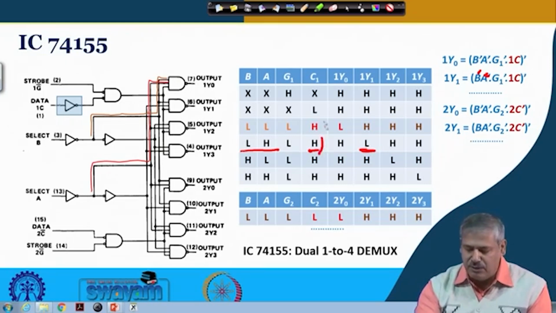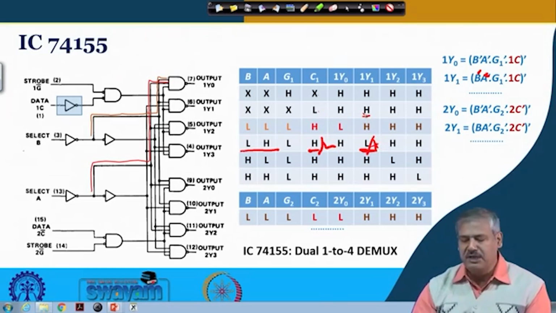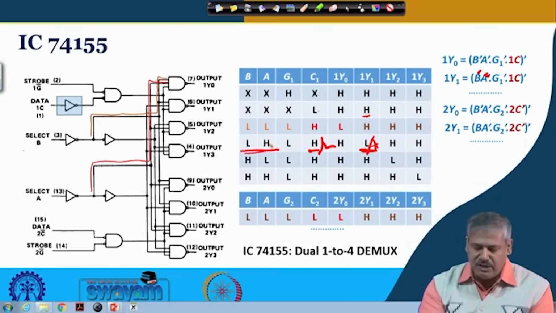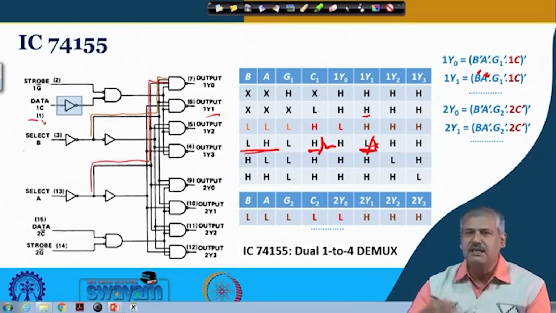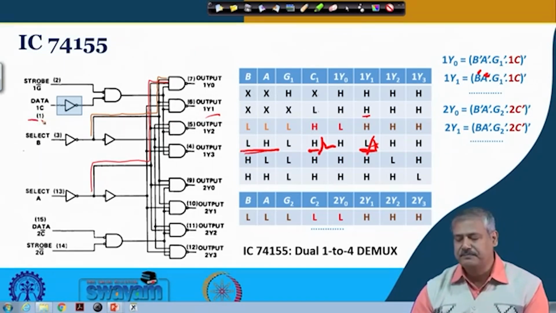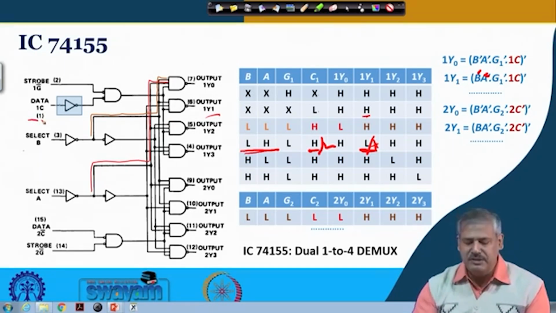If you make C1 low, this will go to high. So 1Y1 is just following the input, but as an inverted version of it. Is it clear? Similarly for the other combinations.